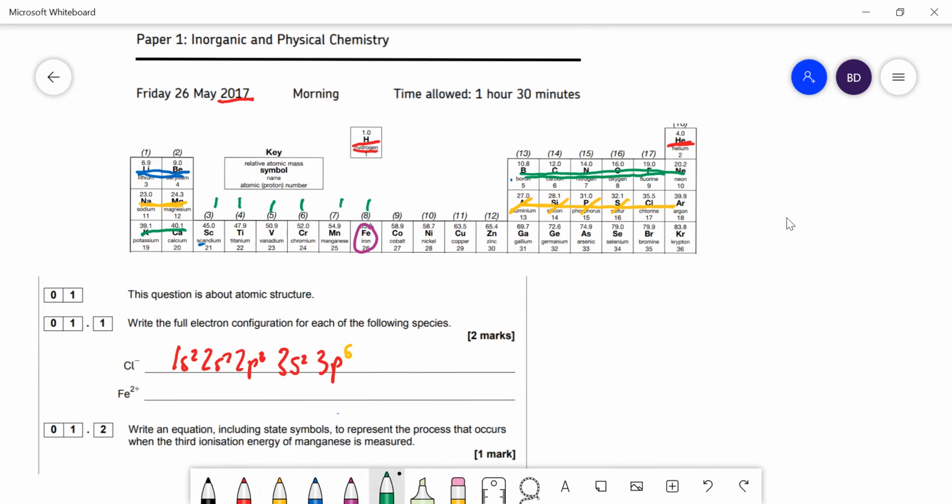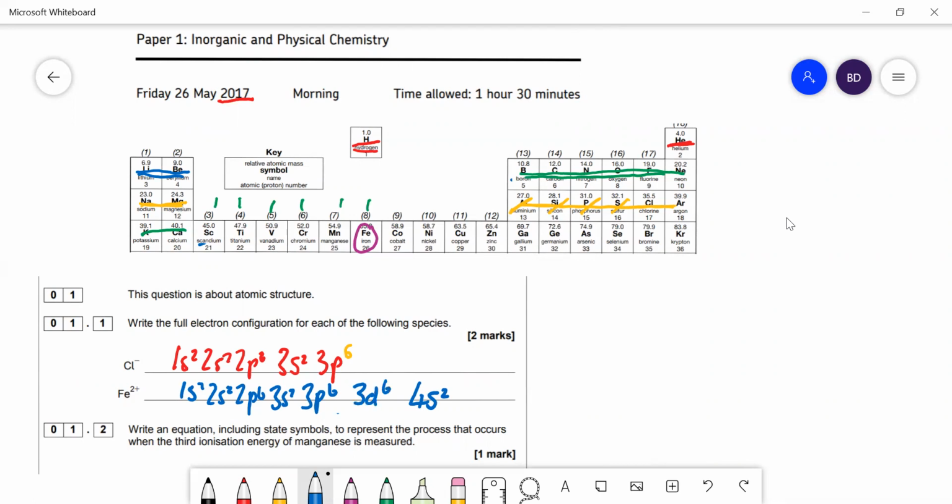So let's write that down. I'll do the iron atom first of all. So it's 1s2, 2s2, 2p6, 3s2, 3p6, 4s2, which I should put there because that's slightly higher energy once you get some electrons in the p, and then 3d6.